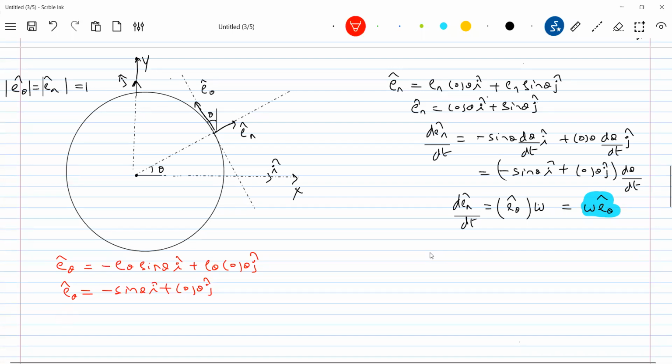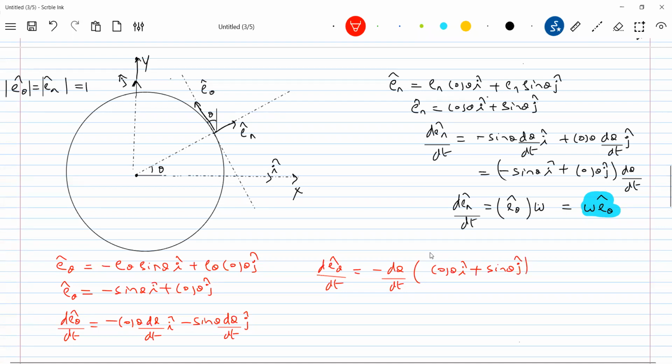Let me differentiate here: dE theta cap by dt. This should be equal to minus cos theta d theta by dt i cap minus sin theta d theta by dt j cap. So d theta by dt I'll take outside, minus of d theta by dt, so this will be cos theta i cap plus sin theta j cap, which should be equal to En cap.